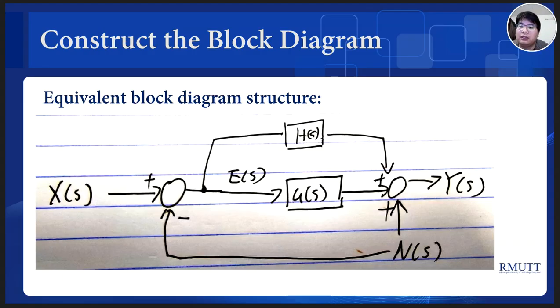Now I will explain how to construct the equivalent block diagram step by step. First, we draw the forward path from the input to the output. The input produces the error signal E(s), and then E(s) passes through G(s).